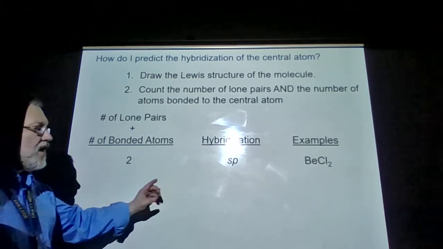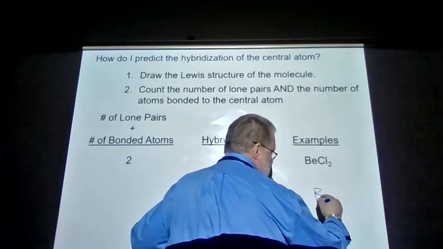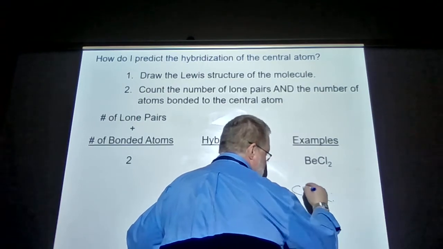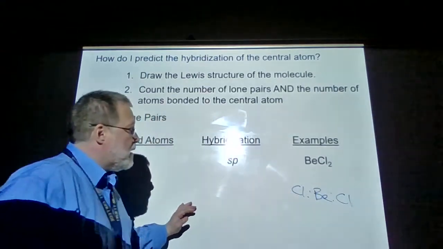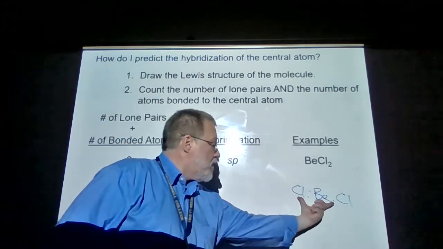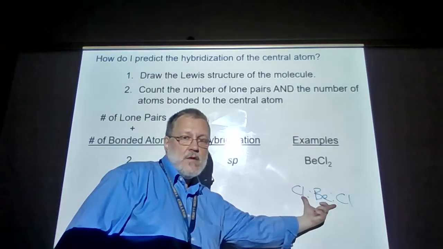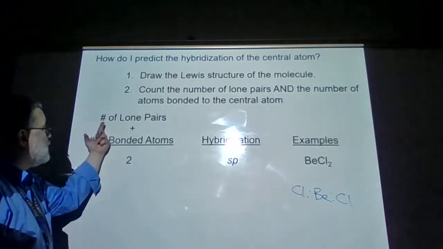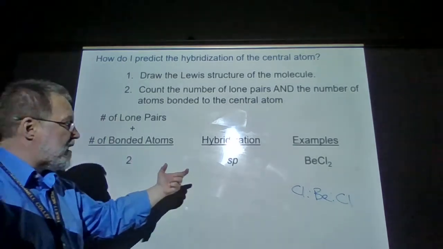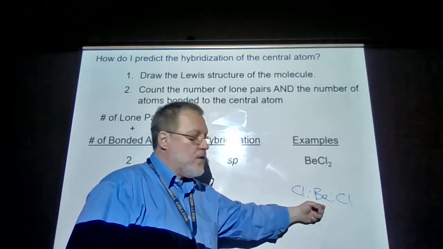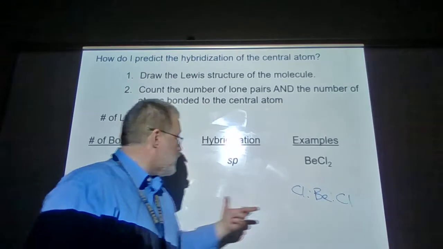If we draw the Lewis dot structure, how many electrons do we have? 4. Number of lone pairs plus number of bonded atoms. Any lone pairs? No. Bonded atoms? 2.